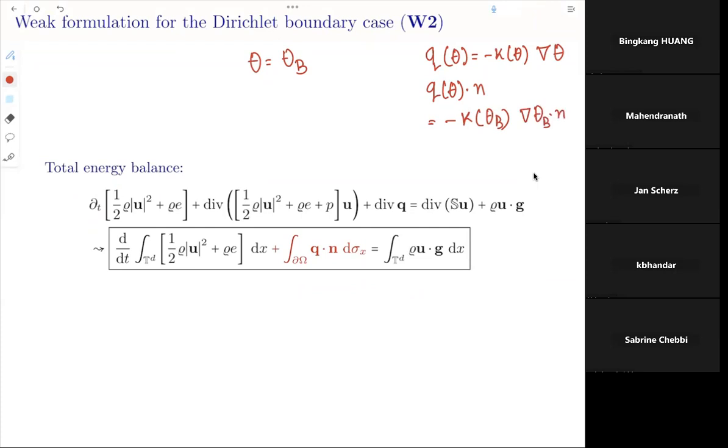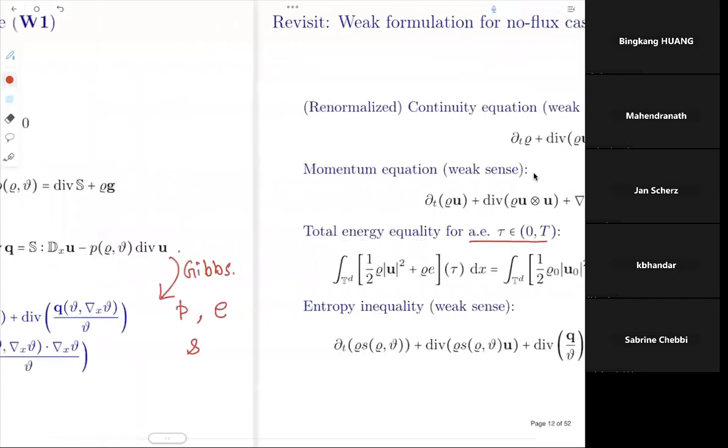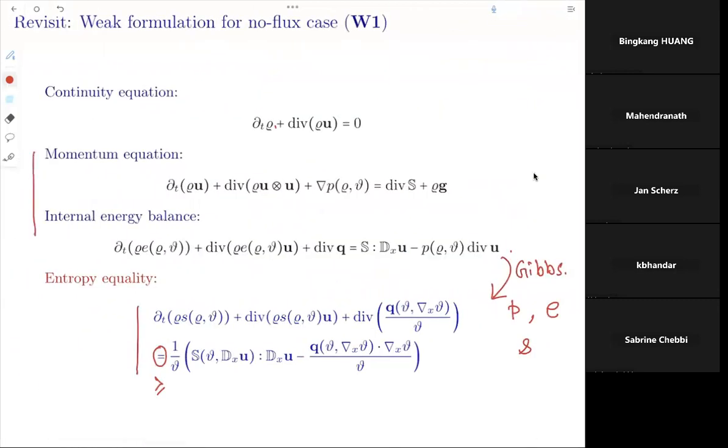Okay, I will come to that because we don't have this quantity yet. Just to recall what we do: from these two, the momentum equation and the internal energy balance, we do the same thing.